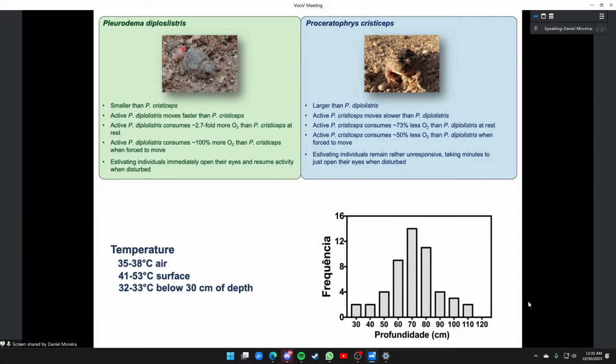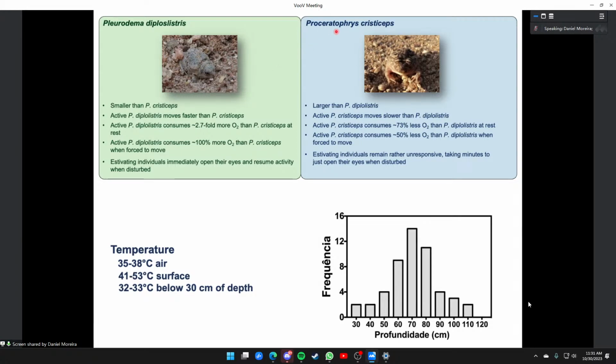Pleurodema rapidly awakes. When we are digging during the dry season, when we find one Pleurodema, it immediately opens its eyes. As you can see here, this is a picture taken about a second after digging and finding one of them. It immediately opens its eyes and is apparently fully awake.